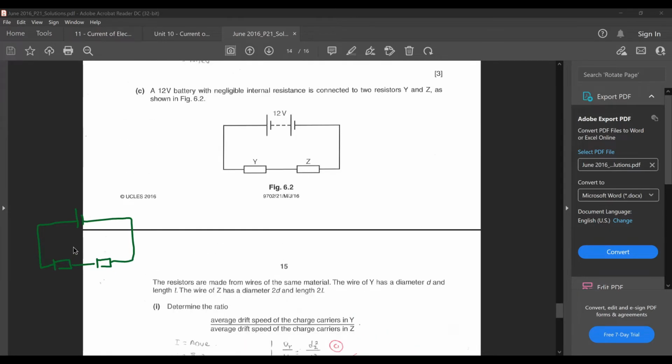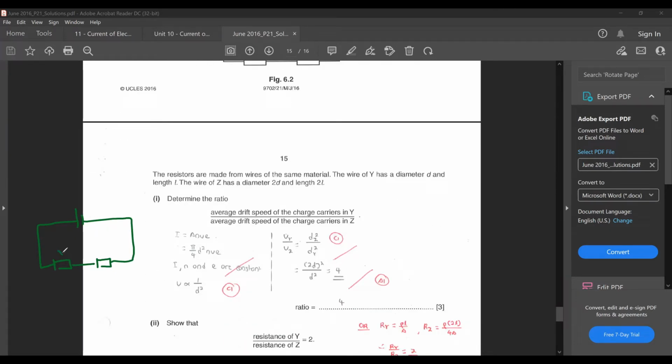This one is Y, and this one is Z. The current will flow through resistor Y and resistor Z. For both of these resistors, the equation I equals ANVE applies. Maybe I change it to follow your question: ANVE applies for both of these sections.